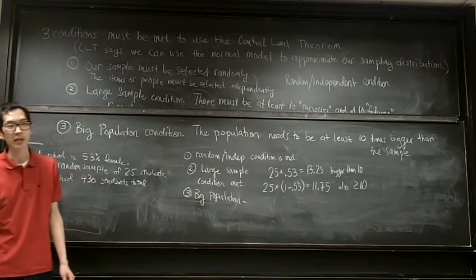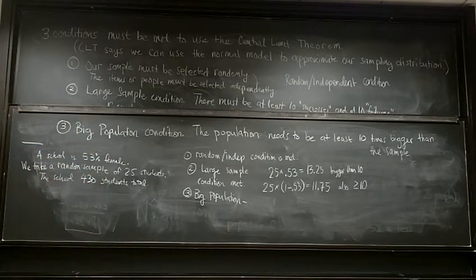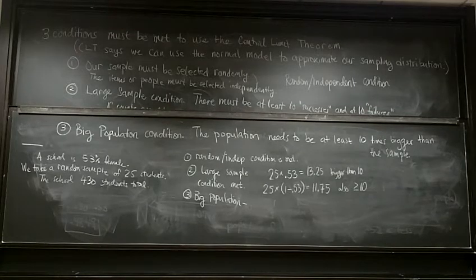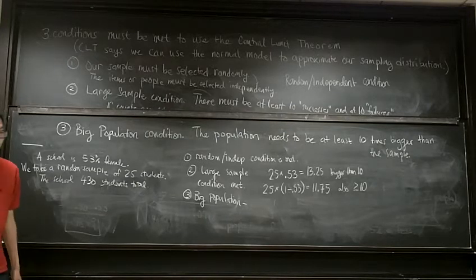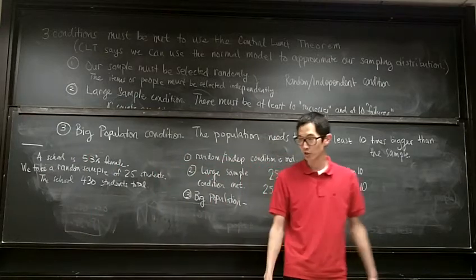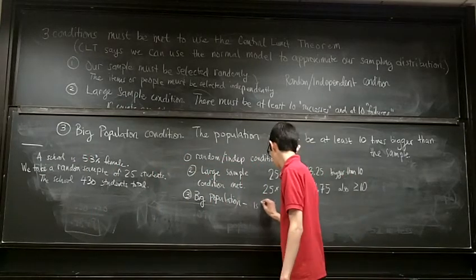Is that condition met? My population needs to be at least 10 times bigger than my sample. How big is my sample? 25. What's 10 times bigger than my sample? 250. Is my population bigger than 250?